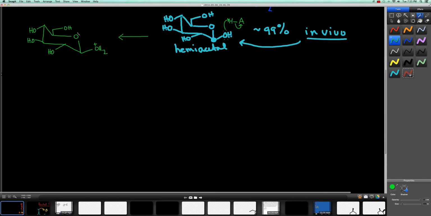And so now the carbonyl oxygen will facilitate this elimination reaction. Now this is a bit misleading. The structure of this ring will actually look more planar.